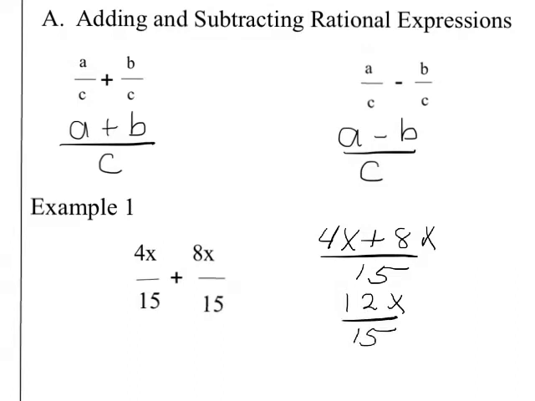Now, once you've added it, let's look to see if we can simplify this in any way. And it turns out we can. I can see that 3 goes into both of these. So 3 goes into 12 4 times, and 3 goes into 15 5 times. That leaves me with a final answer of 4x over 5.